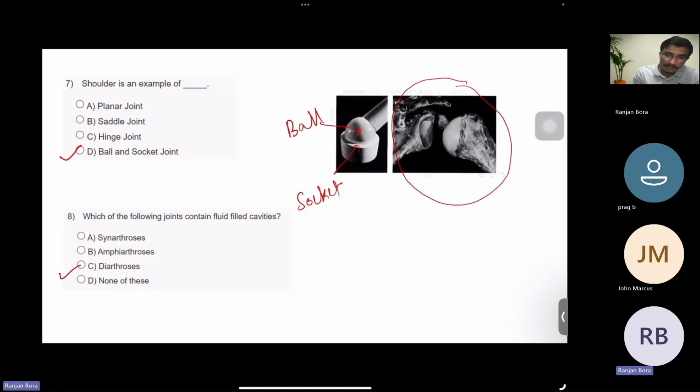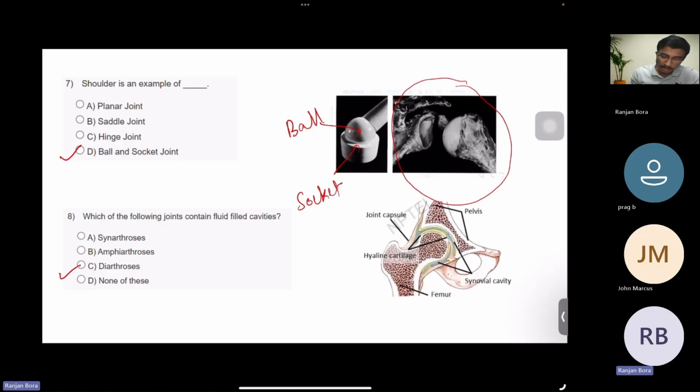So synarthrosis means unmovable joint, amphiarthrosis means slightly movable joint, and diarthrosis means fully movable joint. In a fully movable joint, see this picture, this is an example of a diarthrosis joint. The fluid-filled cavities are present here in the cavity in the joint, between the femoral head and the pelvis.